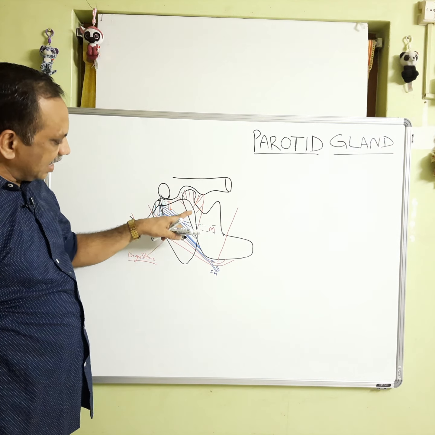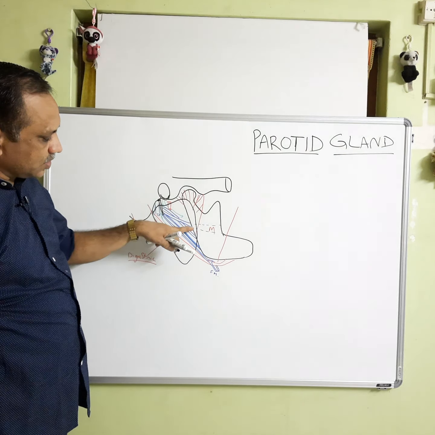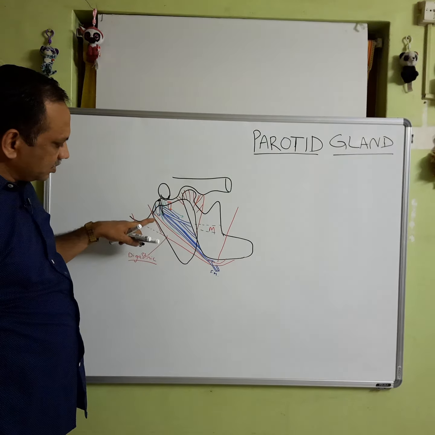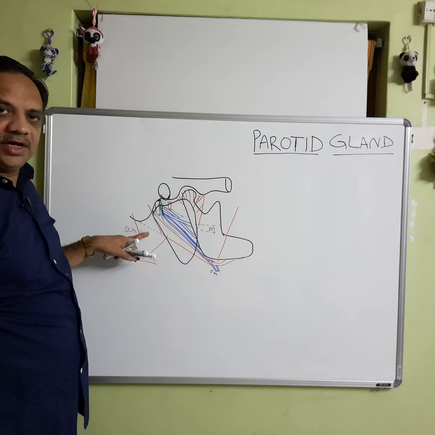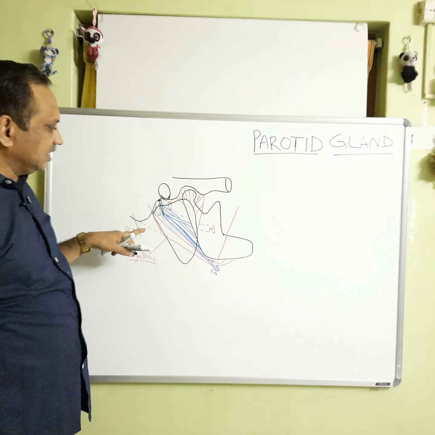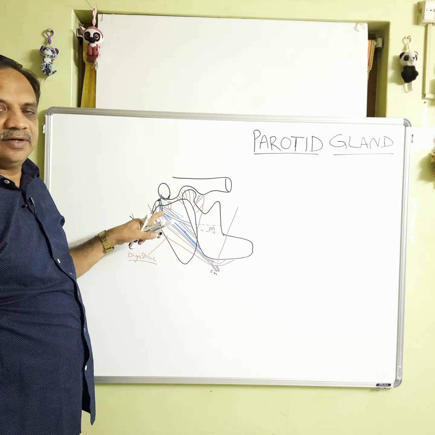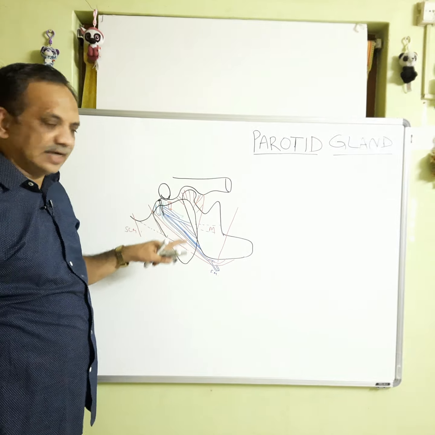If you see, the anterior border overlaps the masseter muscle and the posterior border overlaps the sternocleidomastoid muscle. So, these all form the relations of the gland. How they are relating, we will see a little bit later.